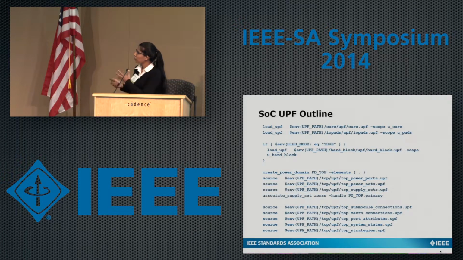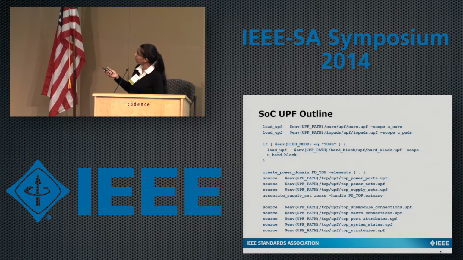So now I'm going to give you an example of what a realistic SoC 1801 file looks like. There are a few commands here, but in general, what we have is a command called load_upf. And this command helps us to source or load a hierarchical piece of UPF.